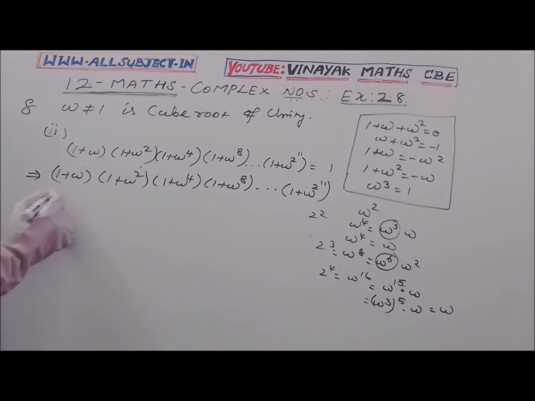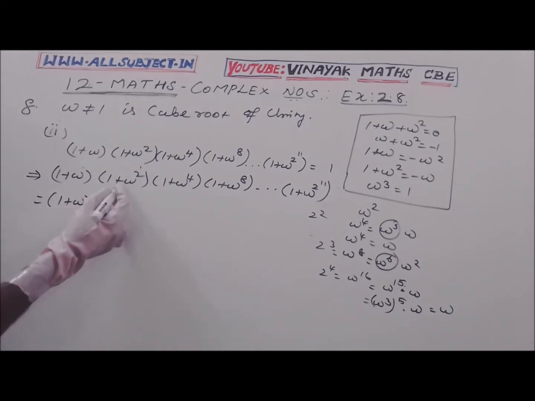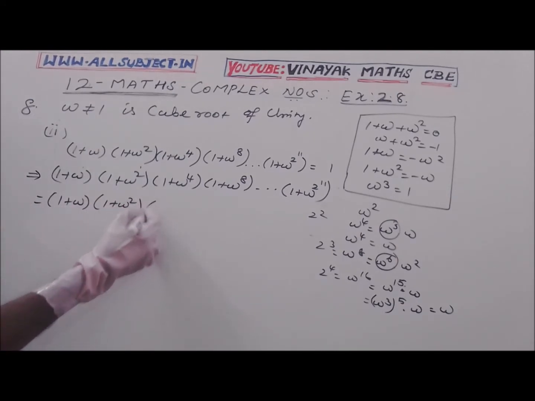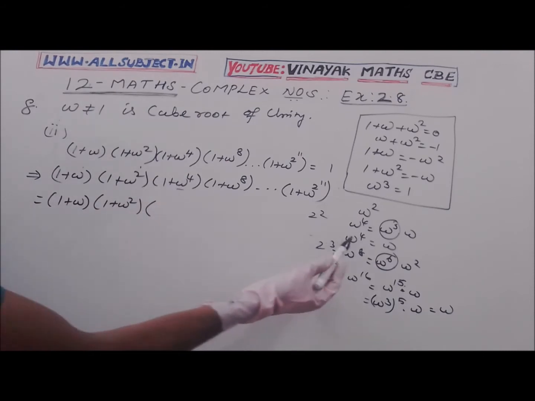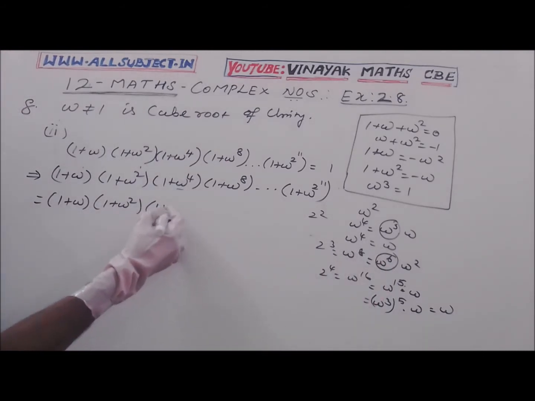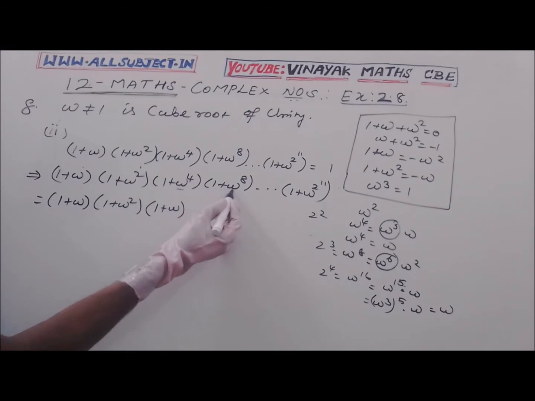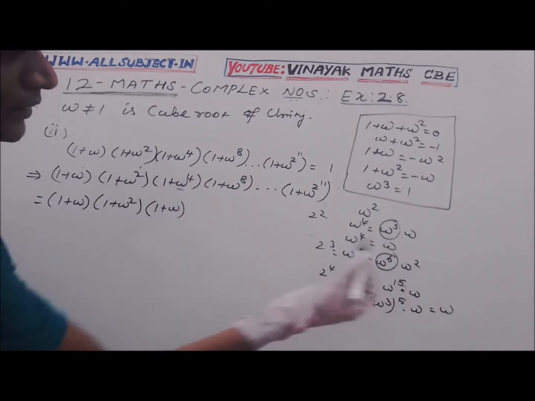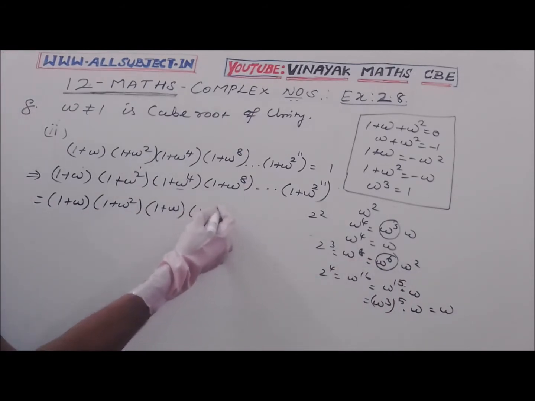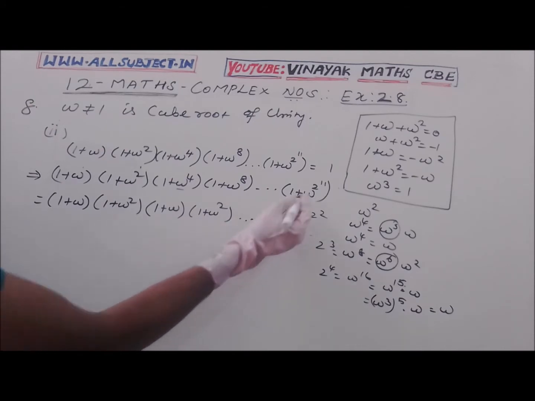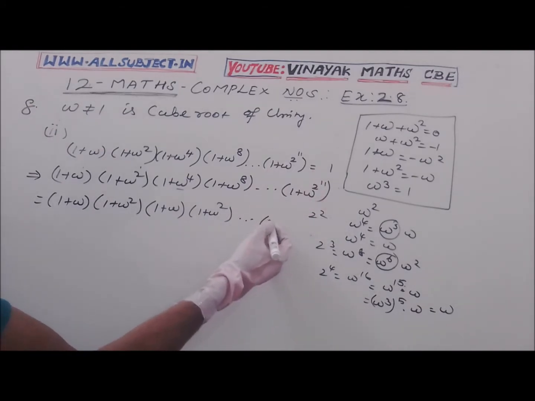So substitute here: 1 plus omega square remains the same. Omega power 4 is equal to omega, so 1 plus omega, and omega power 8 is omega square, so 1 plus omega square, etc. Here omega power 2 power 11 will be equal to 1 plus omega square.